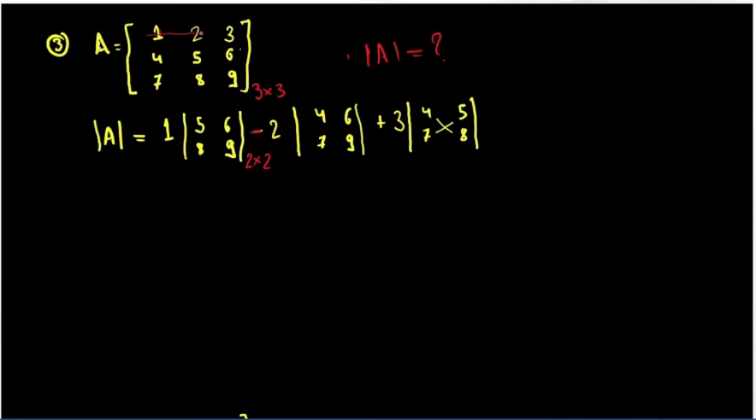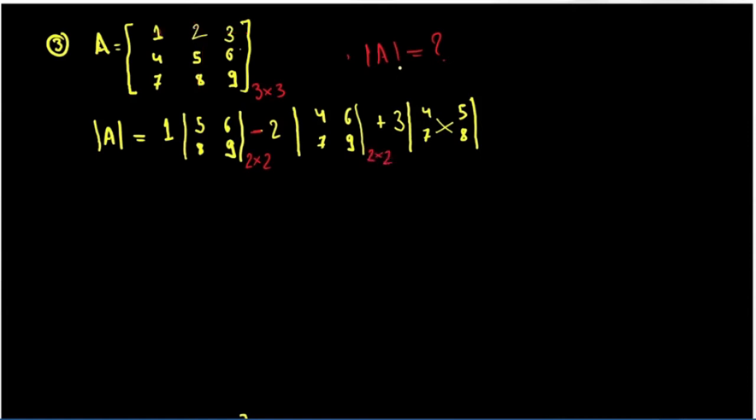So I will hide the first row and second column, and the remaining elements I will write as a 2 cross 2 matrix. So the remaining elements will be 4, 6, 7, 9.